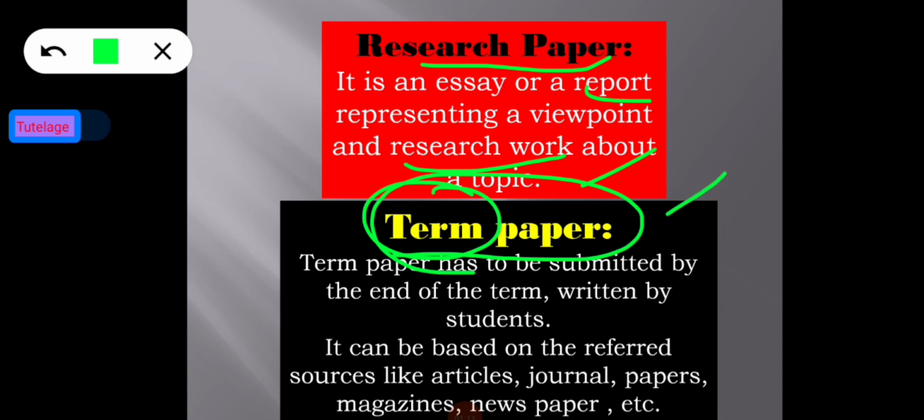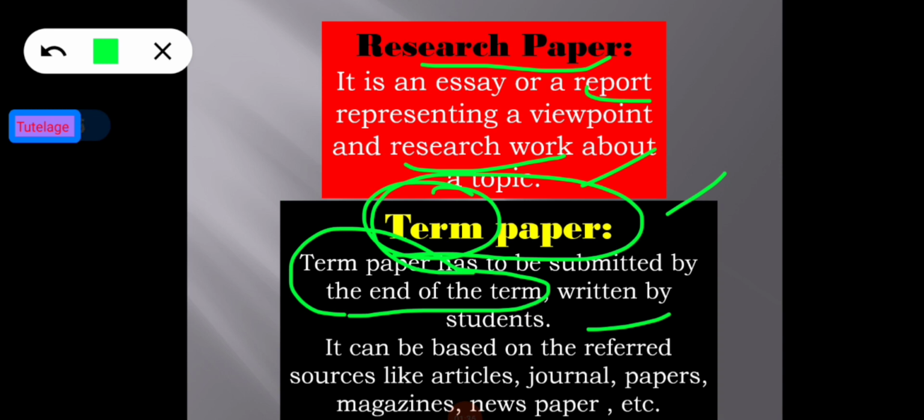This is one of the most important characteristics of a term paper, and it is written by the students only. The topic for a term paper can be chosen by the student himself or it can be assigned by the supervisor, but it is usually written by the students.